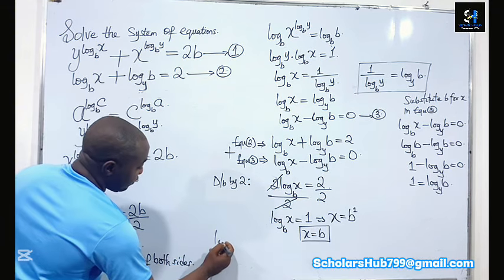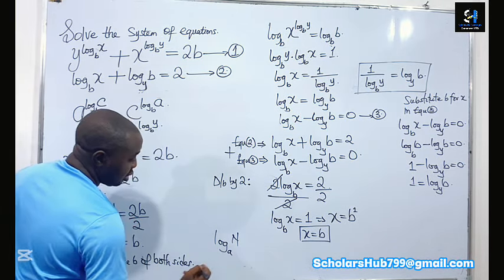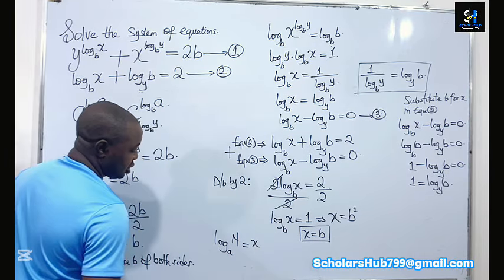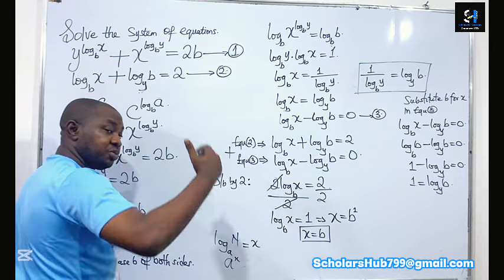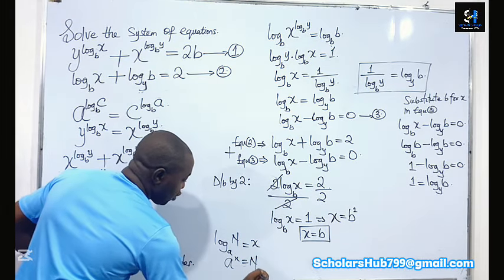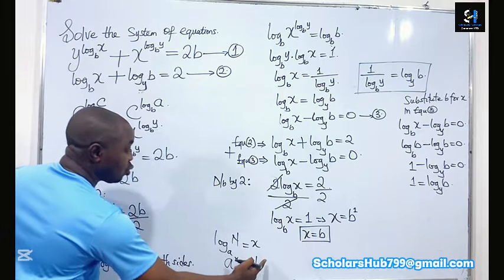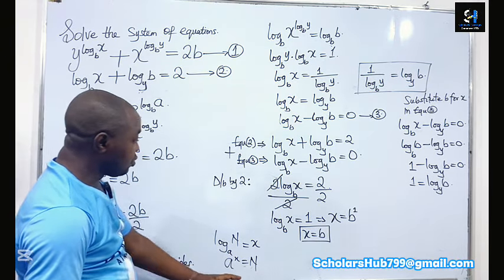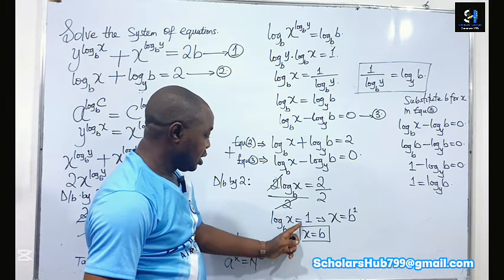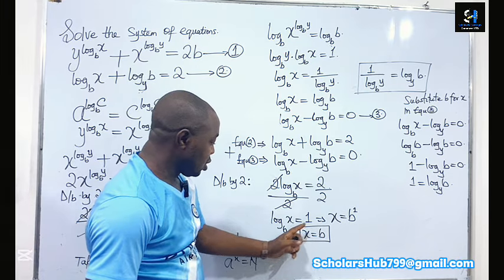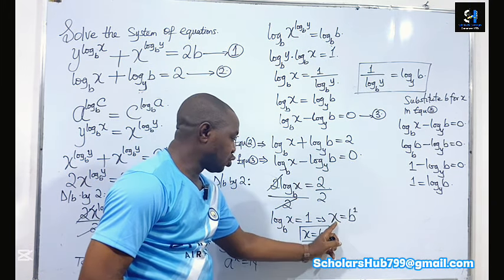That is, if you have the logarithm to base a of a number equal to x, this will be the power to which a must be raised to be equal to the number. So in this case, log base b of x, which is equal to 1, means b raised to the power of 1 equals x.